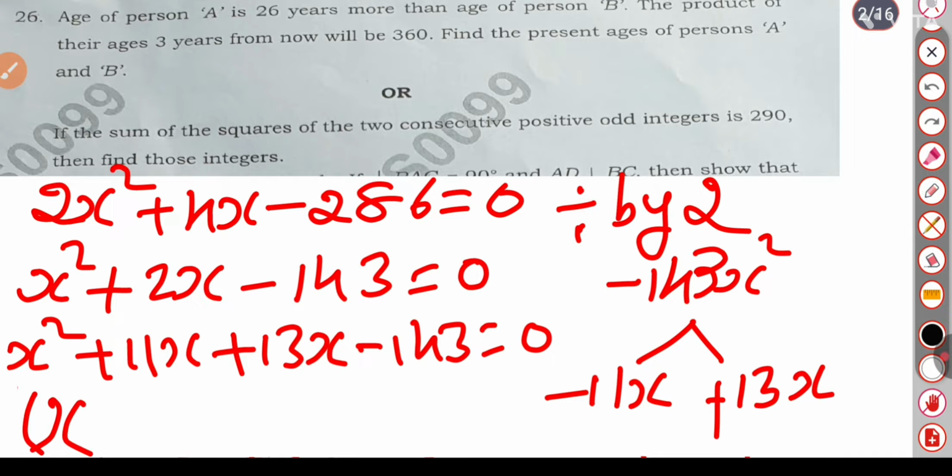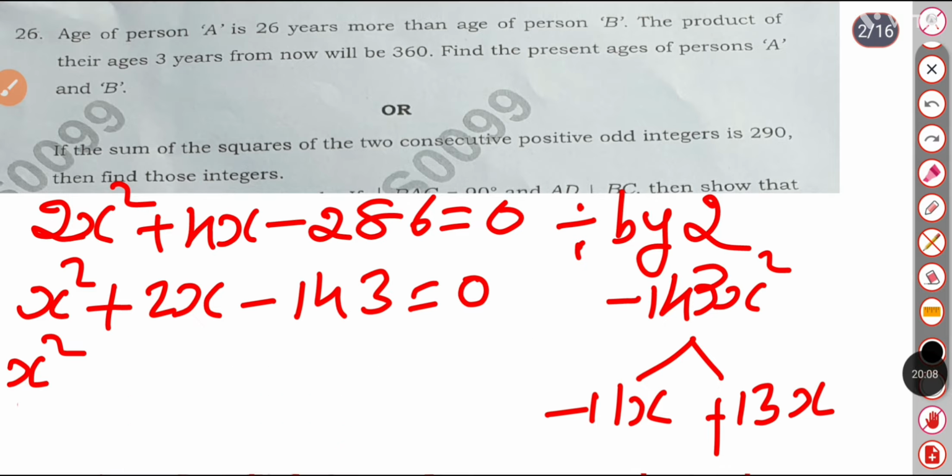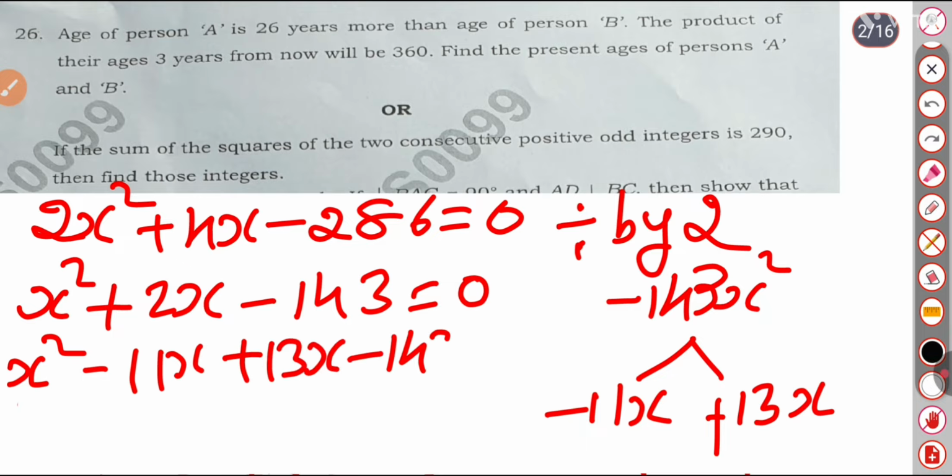So x is common, x plus 11, and 13 is common.